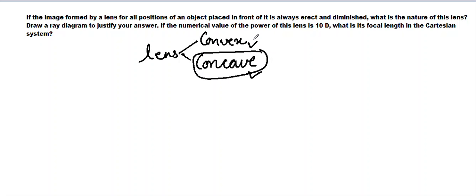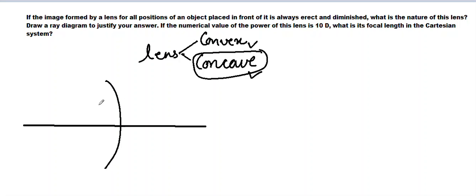So let us make a ray diagram for the image formed by a concave lens. To make the ray diagram, the most important thing first is the principal axis. So here is our principal axis. Now let us make a concave lens. So this is our concave lens.